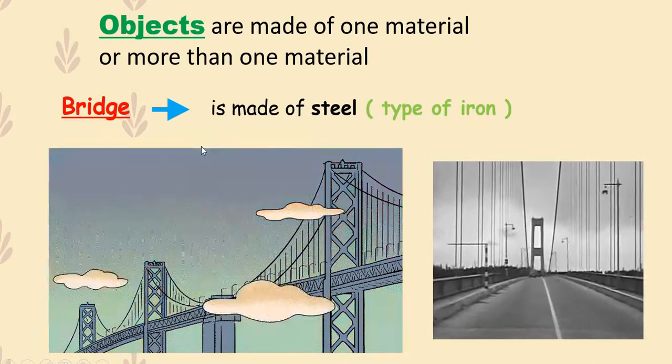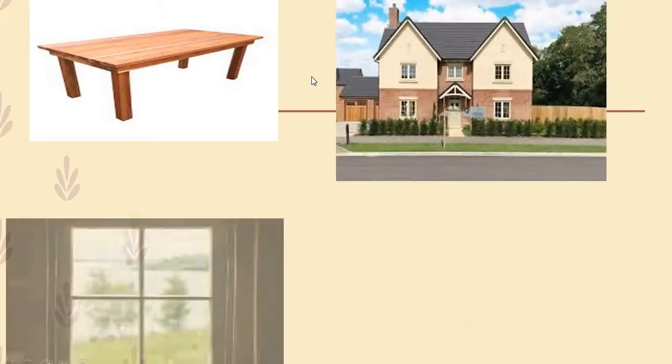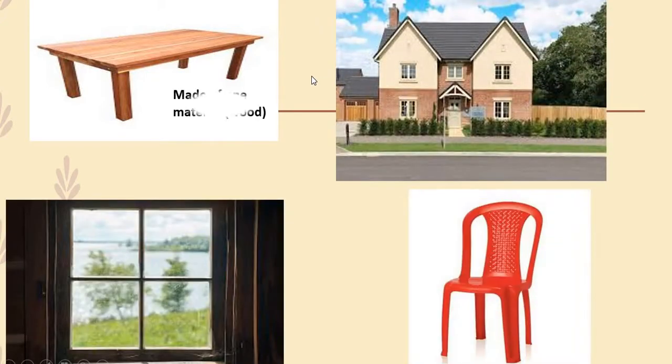What do you think? Is this table made of one material or more than one material? Great, I hear you. Yeah, the table is made of one material, which is wood.